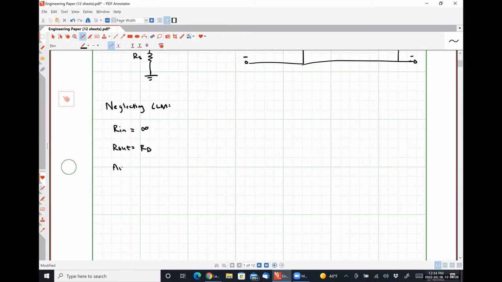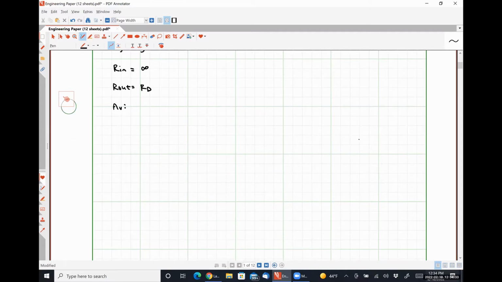So to determine our voltage gain, I'm going to redraw our small signal model down here. Here's our gate. Here is our input voltage Vin.